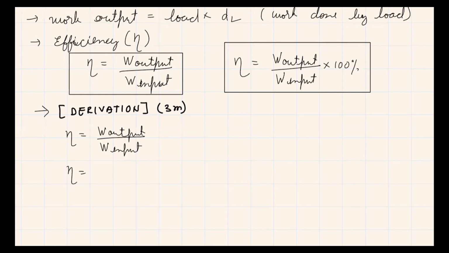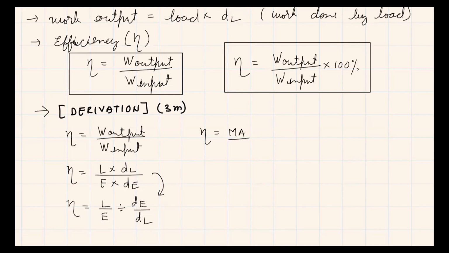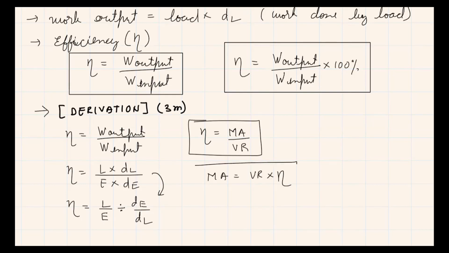And we saw work output is load into displacement of load, and work input is effort into displacement of effort. Now this is load upon effort divided by displacement of effort upon displacement of load. Load upon effort is MA and displacement of effort upon displacement of load is VR. So this is the relation: MA is VR into efficiency.